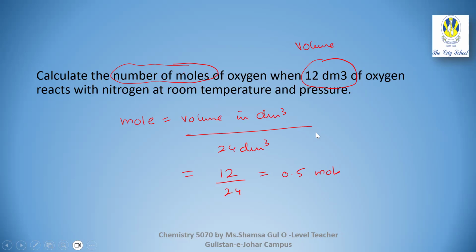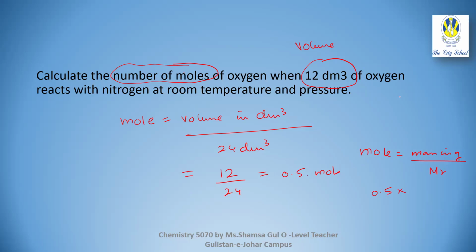Suppose they had asked what the mass of oxygen will be, what should we have done? Once we got the moles, we know that another formula of moles is moles equals mass in grams upon MR. So you will multiply moles by the MR of oxygen.